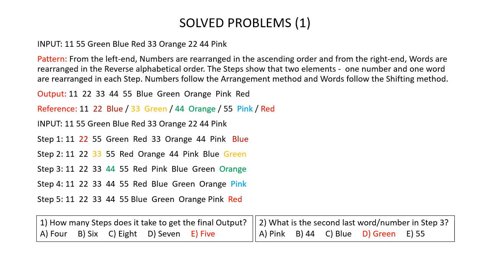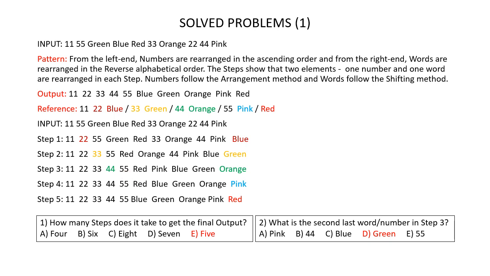Now for step 4, consider the next set in the reference, which is 55 and pink. Now as you can see in step 3, 55 is already in the fifth position from the left end. That is, 55 is already rearranged.